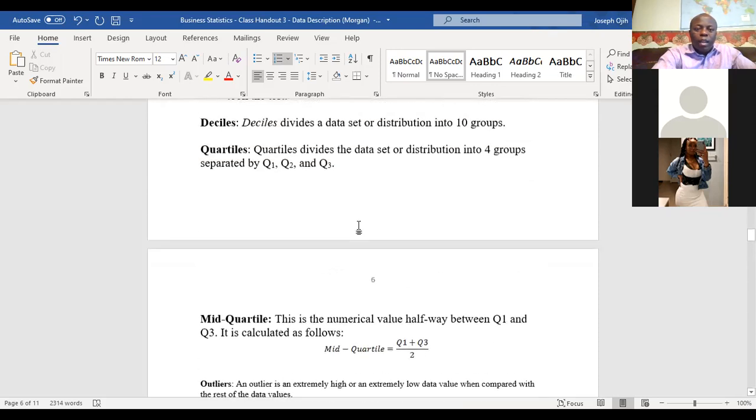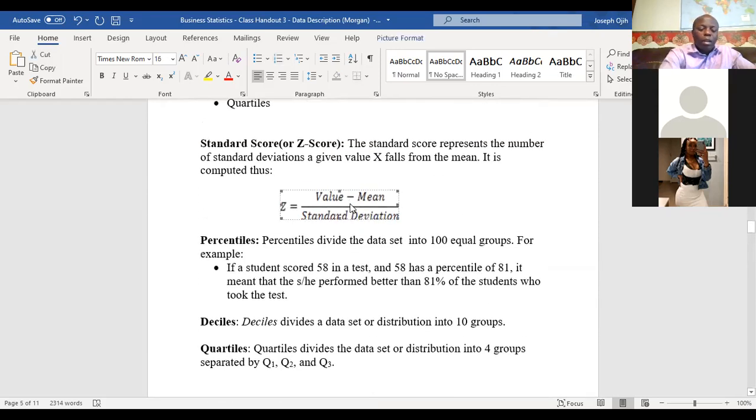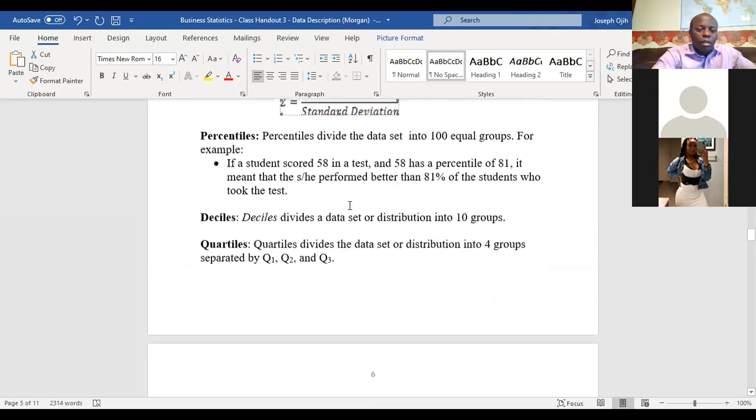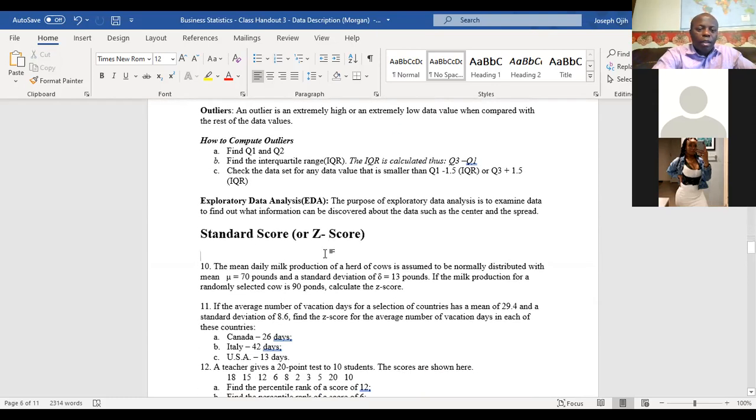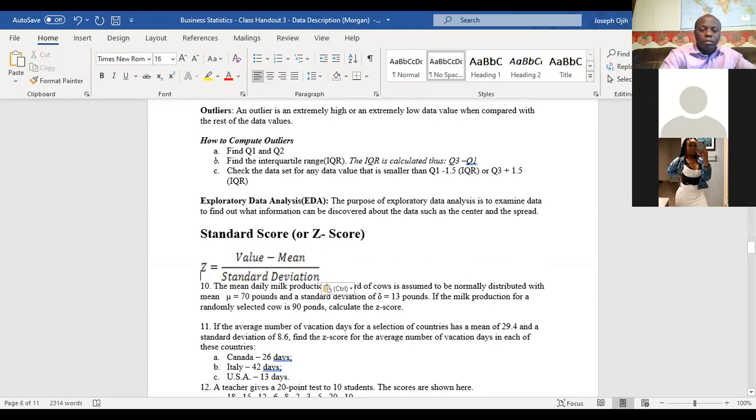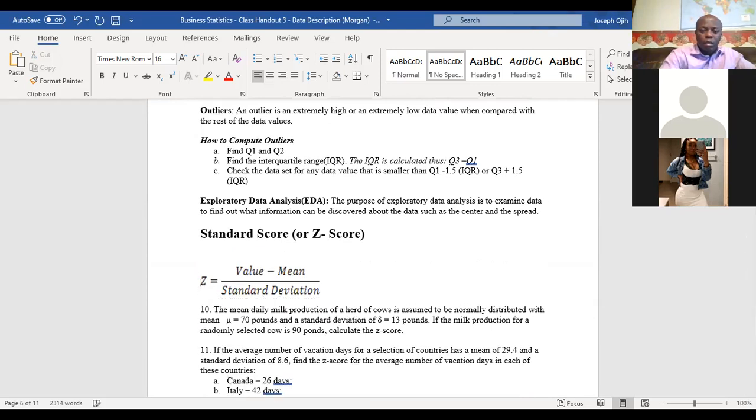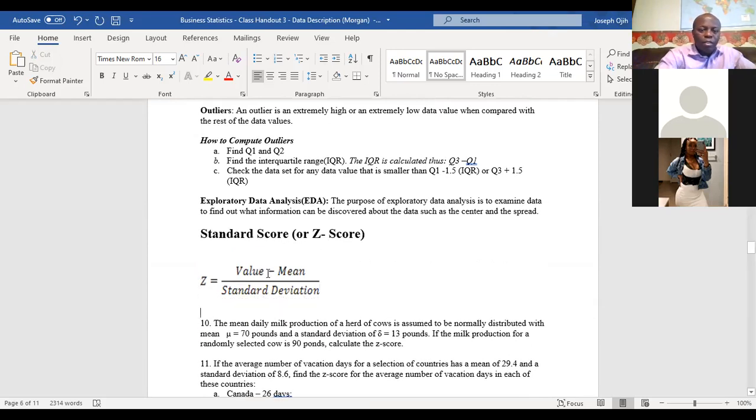And the formula, I have it here already. This score is given by this formula: data value minus mean, divided by the standard deviation.